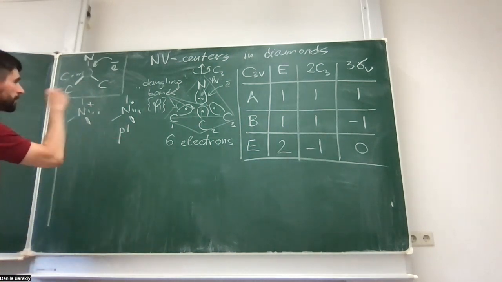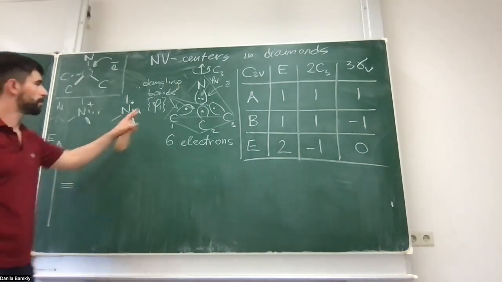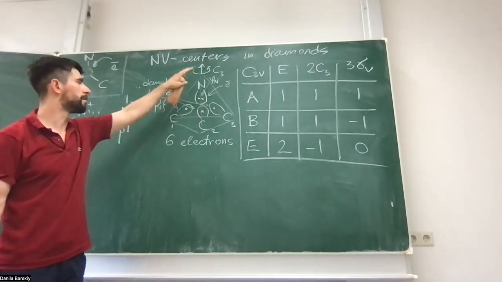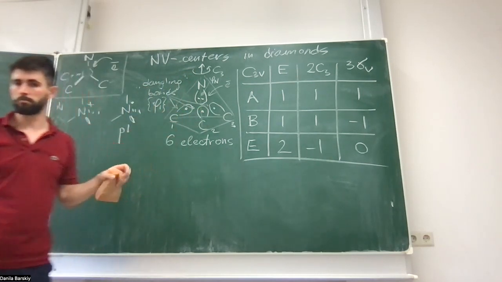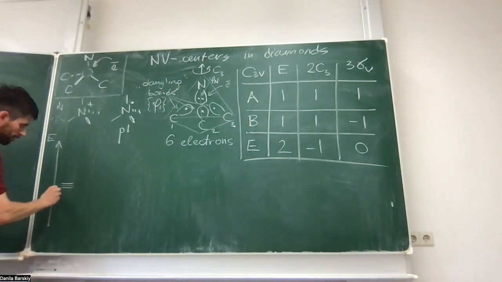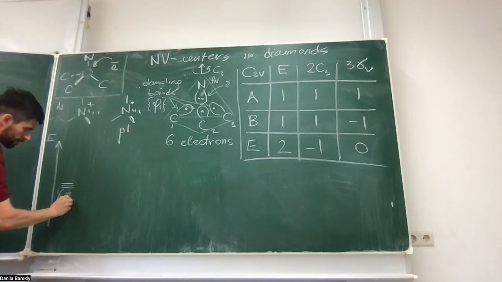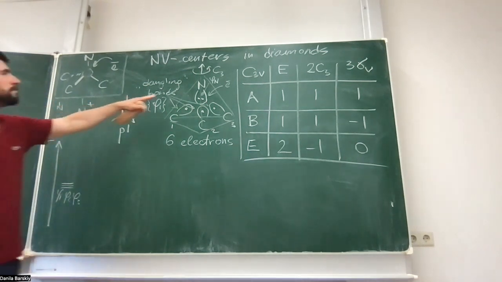So what's clear from the beginning? Obviously, before we do anything with group theory, we just have each of these atomic orbitals equal in energy, right? So we'll have this phi 1, phi 2, phi 3 somewhere in energy. It's carbon. Then we have also nitrogen energy.